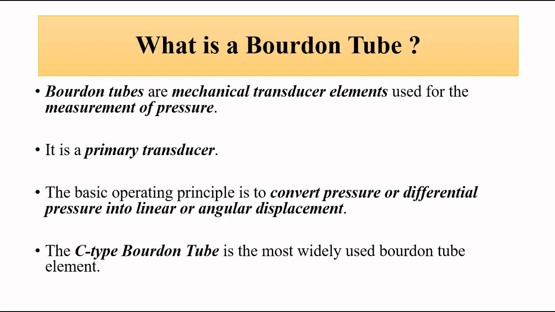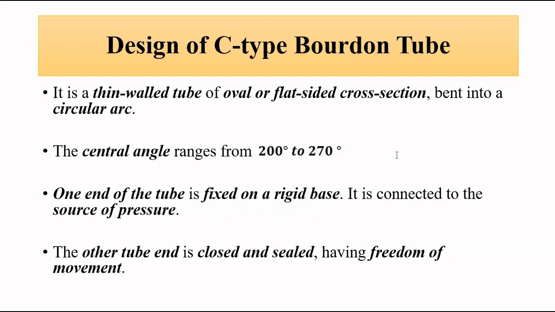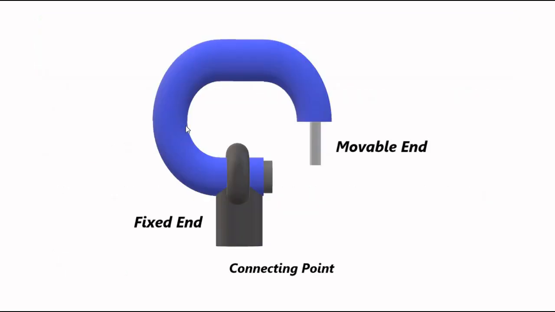So generally the C-shaped Bourdon tube or the oval shaped Bourdon tube is used. As the name suggests, the design of the Bourdon tube is in the form of a C shape, with a fixed end which is the connecting point, placed in contact with the source of pressure, and then we have a movable end.